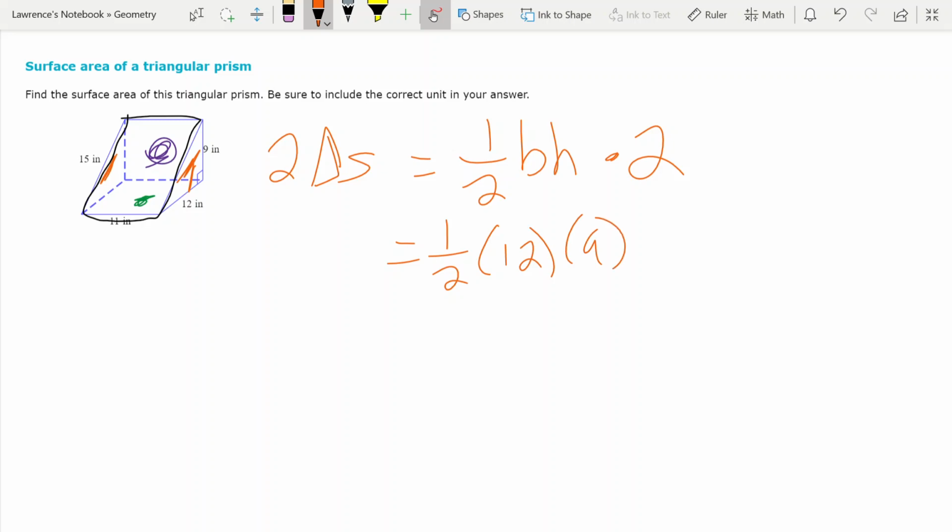In case you don't see it, the picture would look basically like this. This is 12, and that's 9, and that's the 15. That's kind of what the triangle looks like. So 1/2 times 12 times 9 times 2. Once again, grab a calculator, folks. It's about 108.